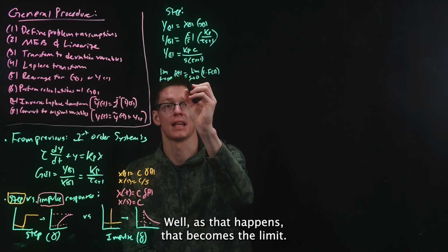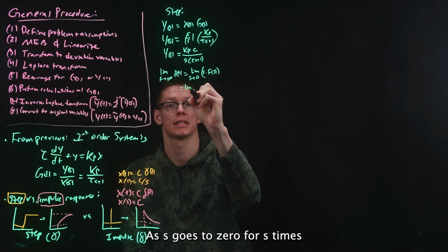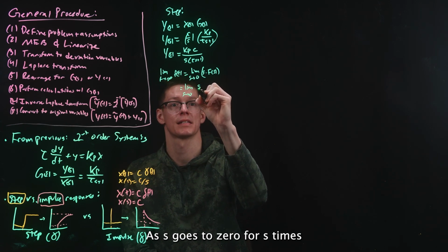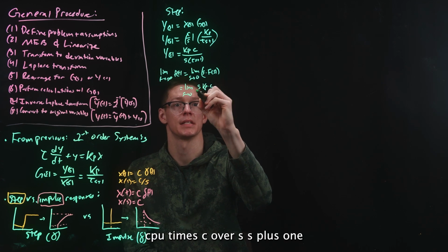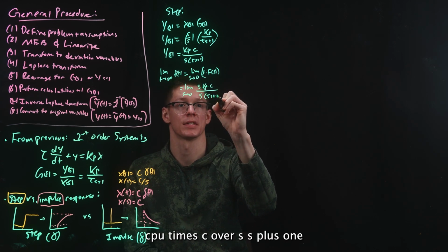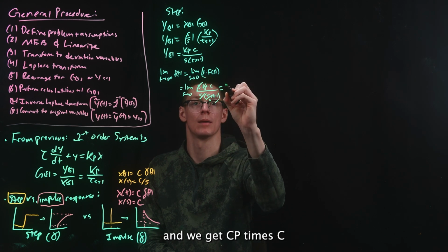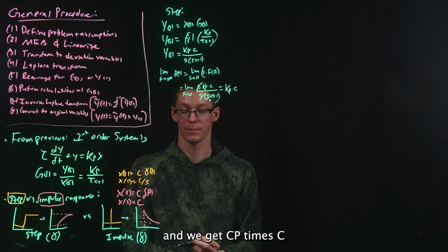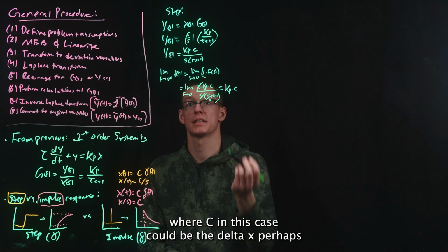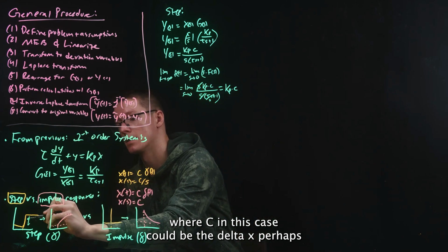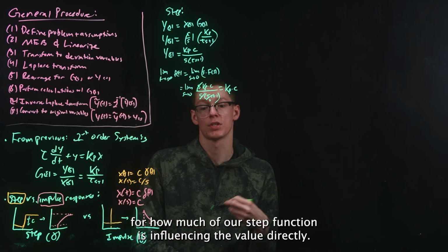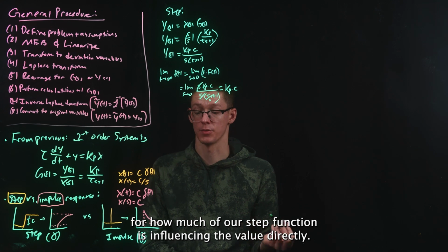That becomes the limit as s goes to 0 for s times kp times c over s times tau s plus 1. Those s's cancel, s goes to 0, and we get kp times c, where c in this case could be the delta x perhaps, for how much of our step function is influencing the value directly.